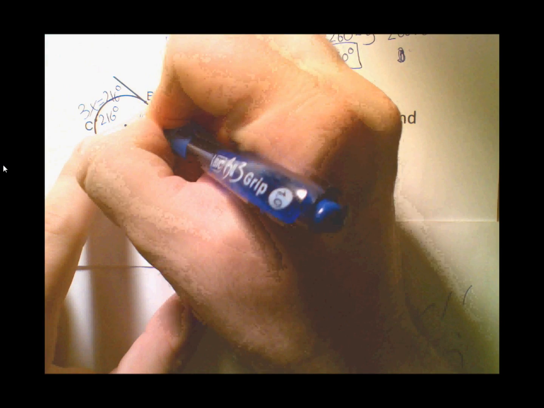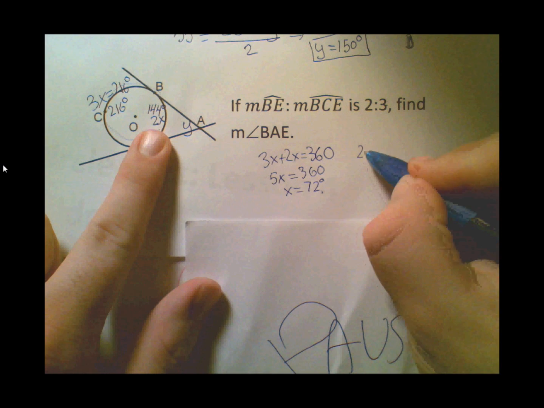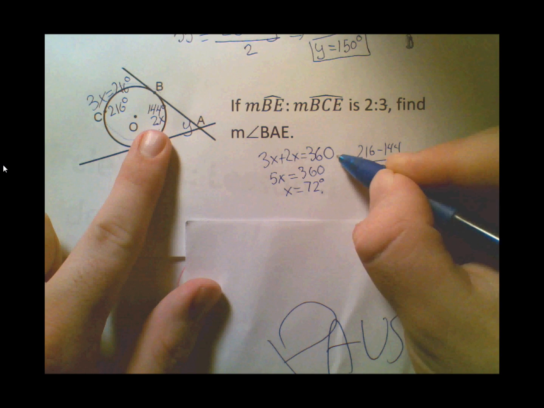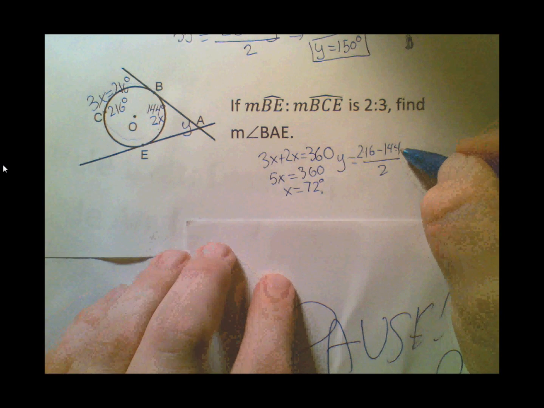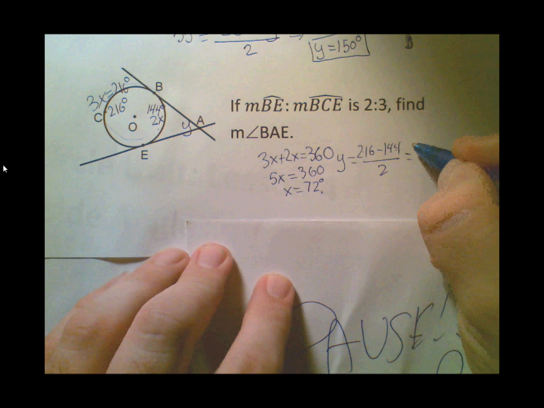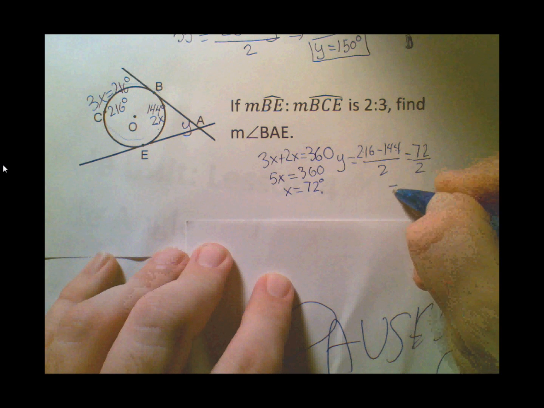So we do 216 minus 144 divided by 2 is equal to y. So 216 minus 144, that ends up being 72 divided by 2, which is equal to our lovely number 36 degrees.